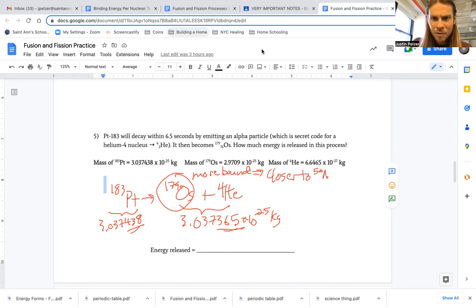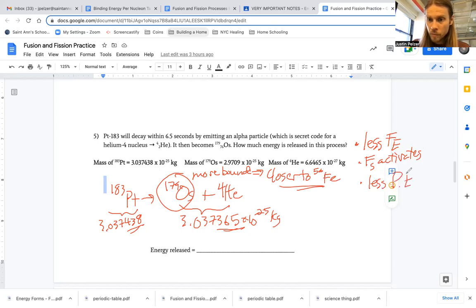Why is it more bound? What does that mean? It means that the electric repulsion is less. So the strong force activates. It can do its thing, right? There's fewer neutrons, so there's less Pauli exclusion principle too. Fewer nucleons in general, but fewer neutrons, right?